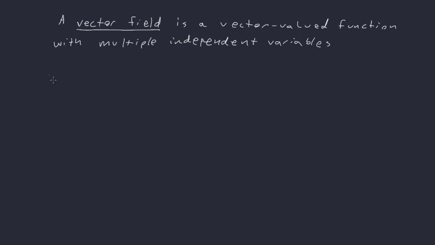What I mean by that is you could think of the vector field capital F of x y as the vector, little f of x y, comma, little g of x y.